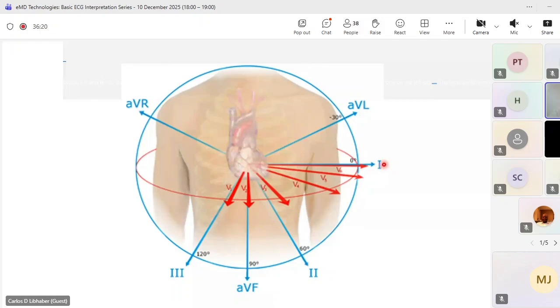I saw it in lead 1 and AVL. So I am seeing the anterior segments and the lateral segments. Remember, I am sitting here in the balcony of the first floor. It's happening in the left side of the heart and in the anterior leads of the heart.